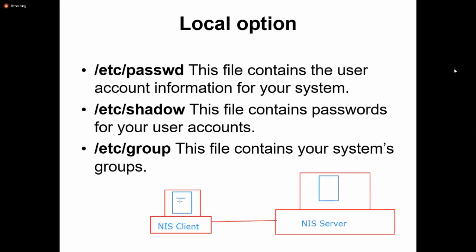So you have all these three files in the client as well as the server. I'm just drawing 3 lines to show the 3 files, right? The passwd file contains the username and home directory and so on. Shadow contains the password of the username, and then group contains the group.